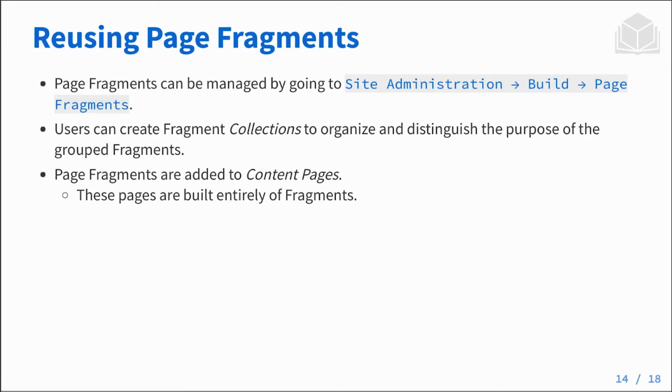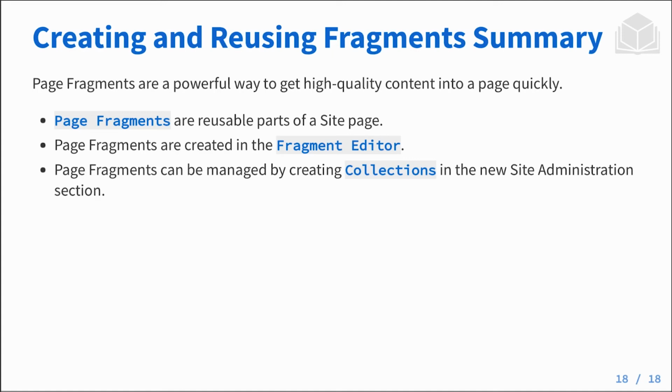As we'll see, page fragments can be created and managed in the build section of our site administration, and they are grouped in collections. Collections are sort of like your folder concept, like we talked about with the assets, that will allow us to distinguish different kinds of fragments that we might need for perhaps different kinds of pages or different levels of pages, or whatever kind of organization you might need to make things clear for those who are actually generating the sites, or perhaps even your marketing team.